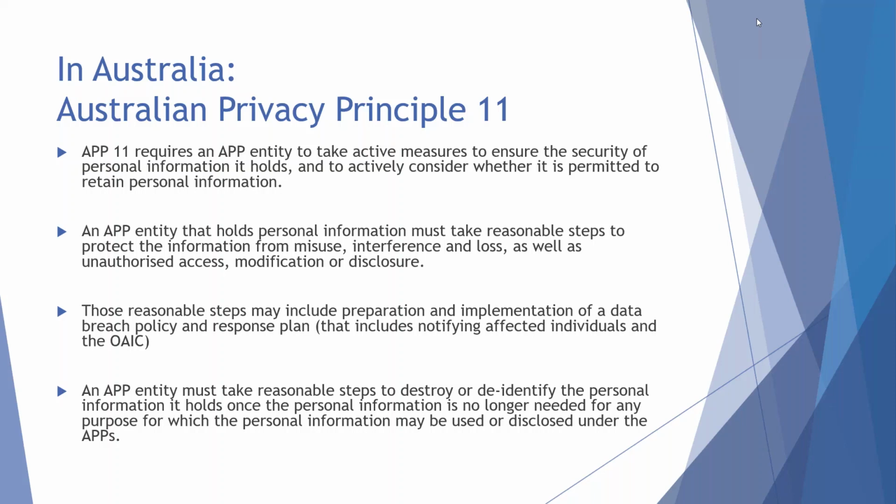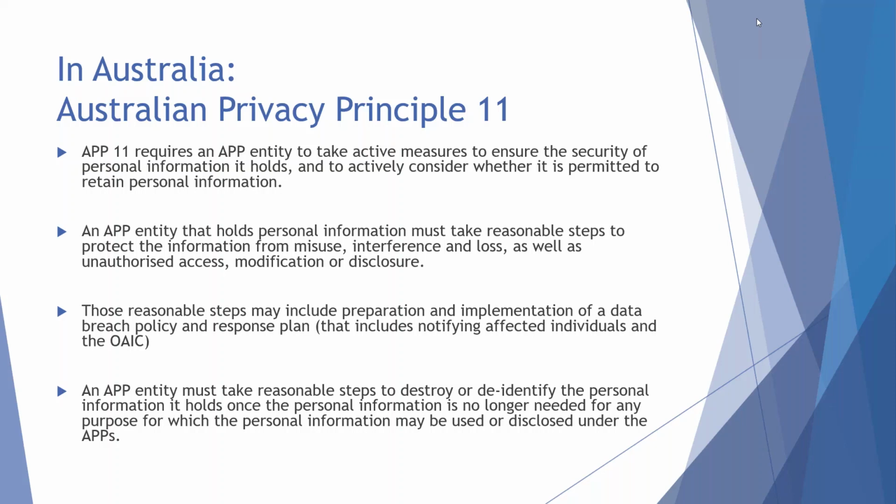But in the overall view, they need organizations to have a mature information security management system, including personal information assets. And it's important for APP entities to continuously monitor and improve their current ISMS posture. Those reasonable steps also need to include preparation and implementation of a data breach policy and response plan.